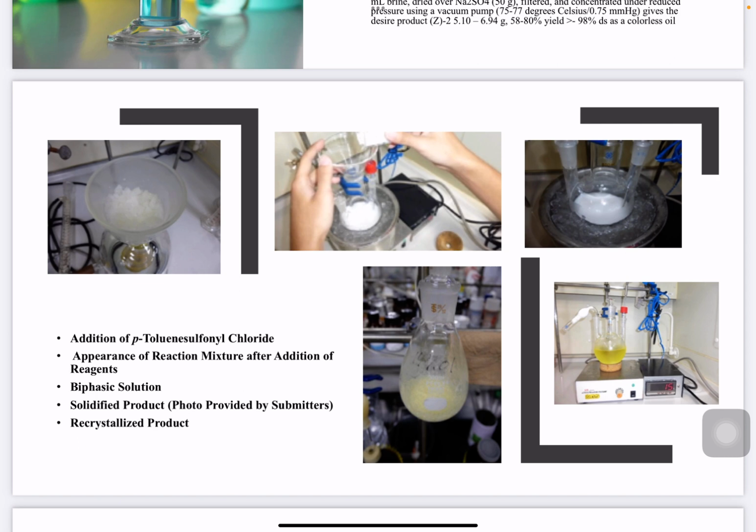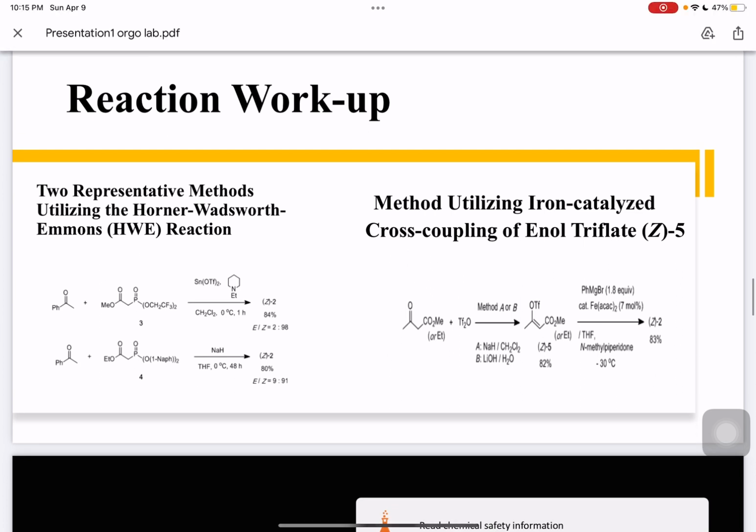The biphasic solution was the lower right corner of the slide. The solidified product was the second to last picture, below the middle picture, and the recrystallized product is on the upper left corner of the slide. So this is the reaction workup.